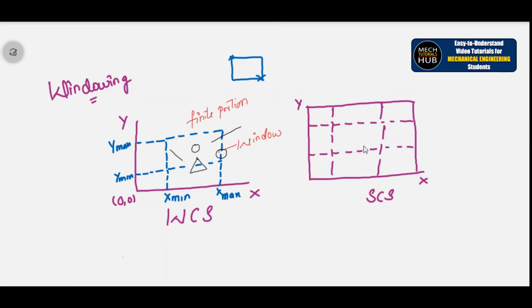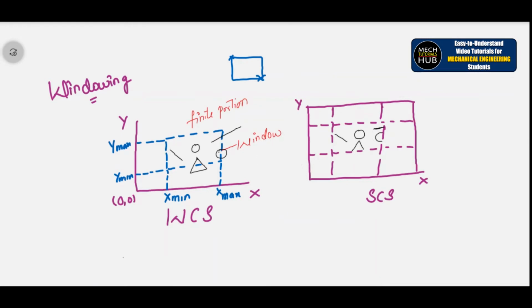When the same finite portion is projected on the screen coordinates, the entities that got selected become visible in this way. The line which is completely inside is visible to us, the circle which is completely inside is visible, the triangle which is partially in is visible, the circle which is partially in is visible, and the line which is partially in is visible.